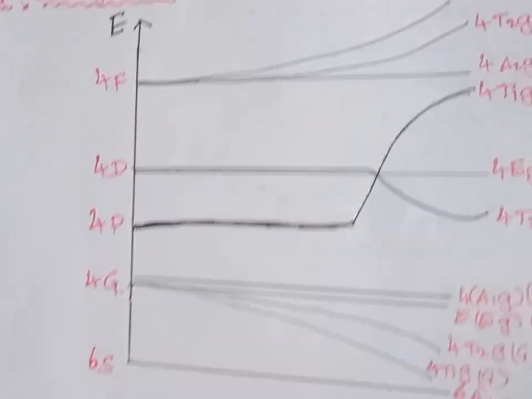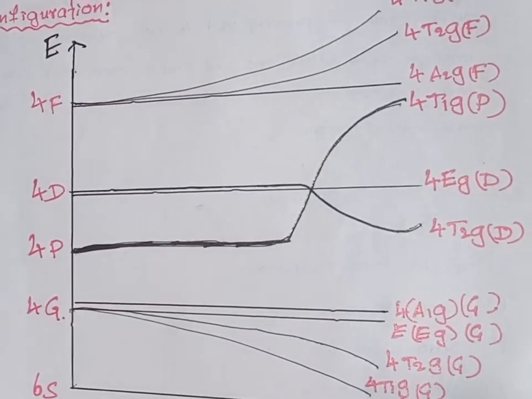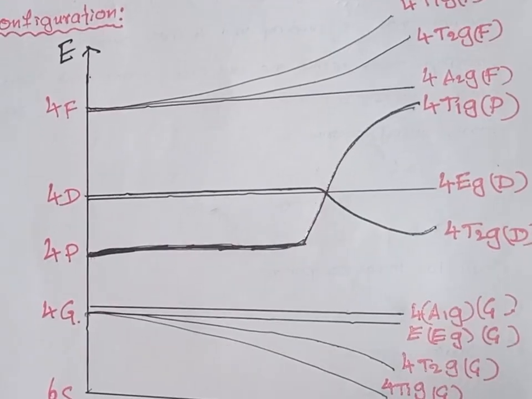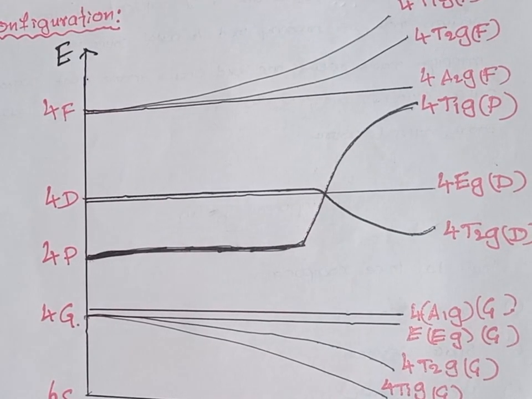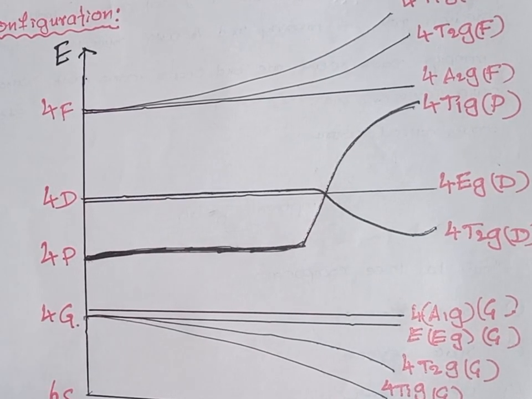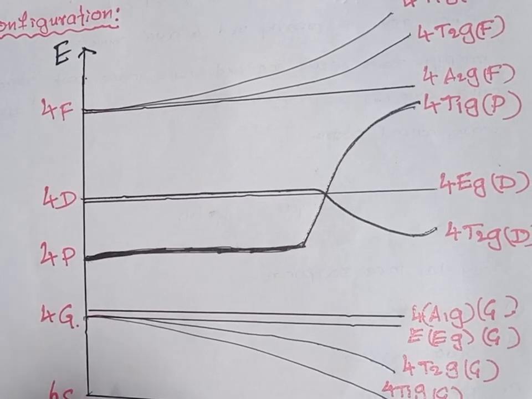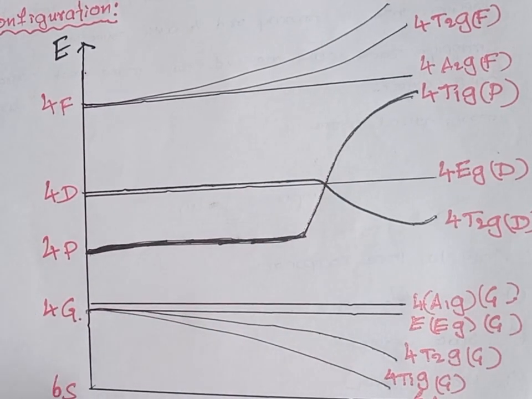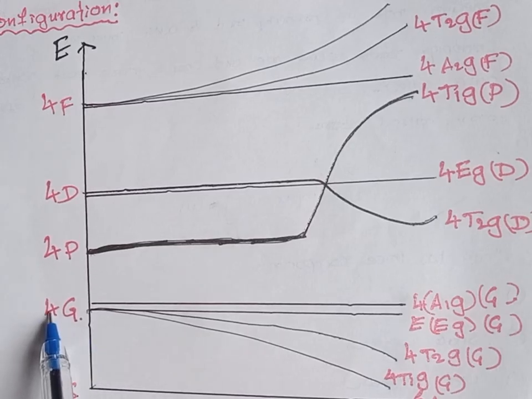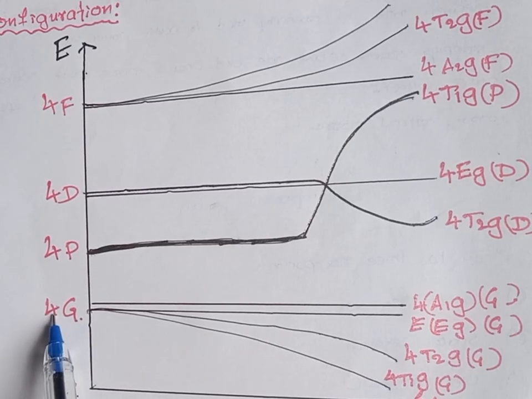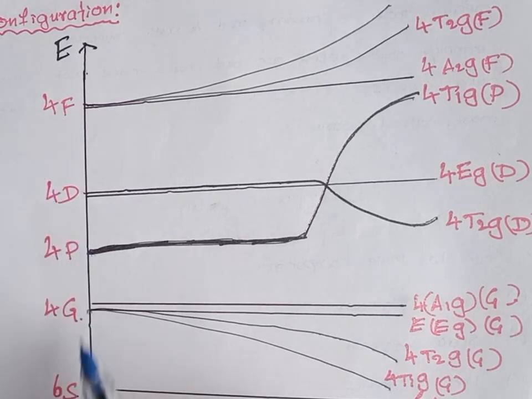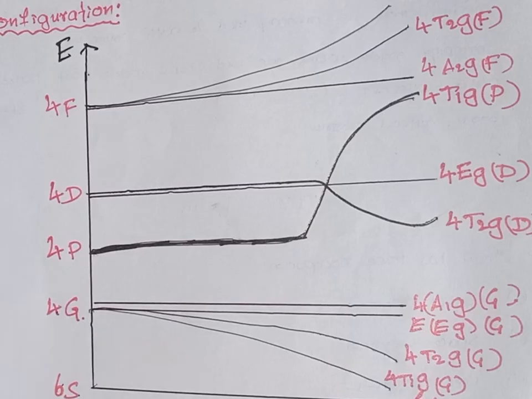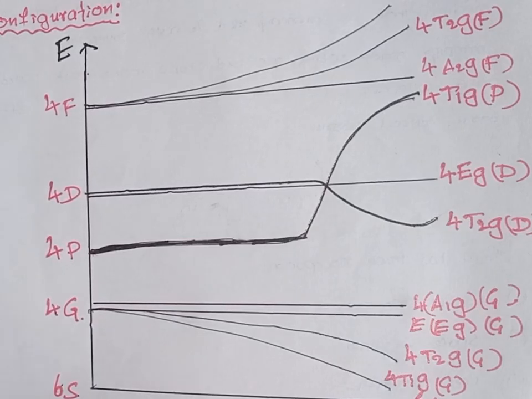So the last set is D5. In the D5 Orgel diagram there are no allowed transitions; they are all spin forbidden transitions, because the ground state term is 6S and the next energy levels are quartet G and quartet P. Spin multiplicity is 6 here and 4 here, so there are no allowed transitions.